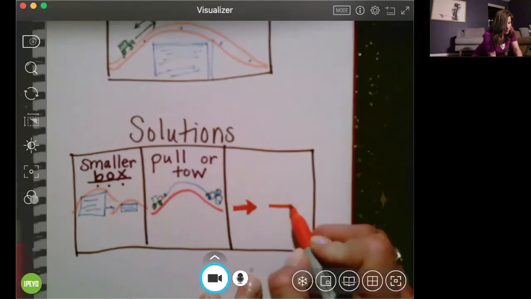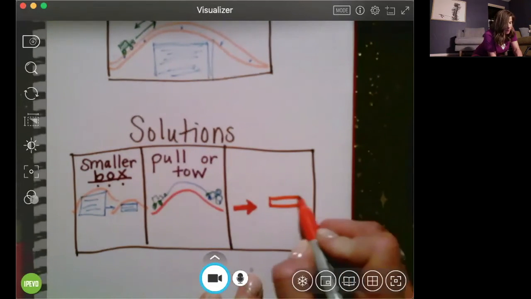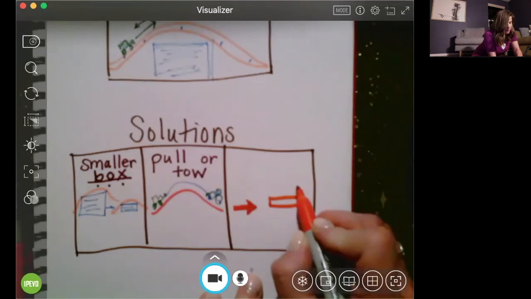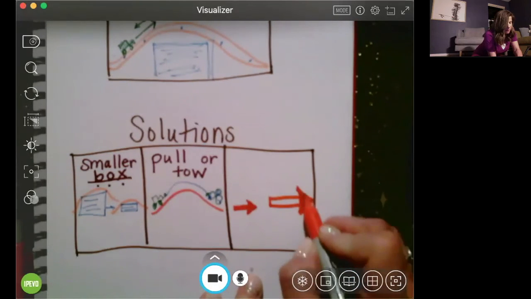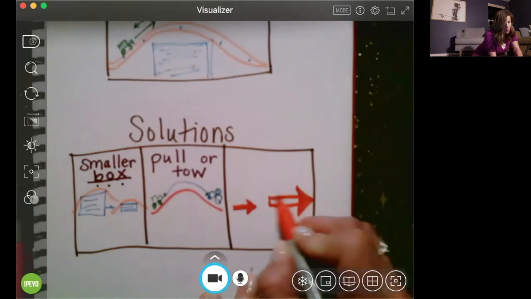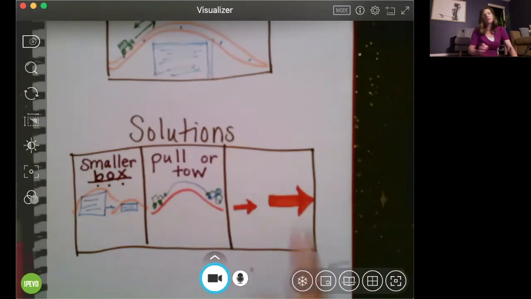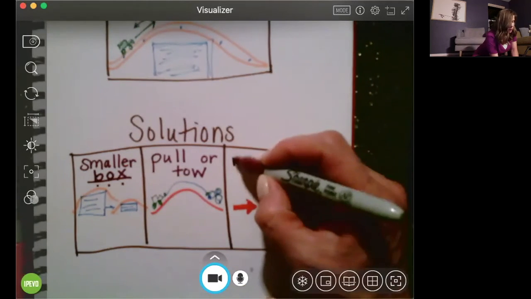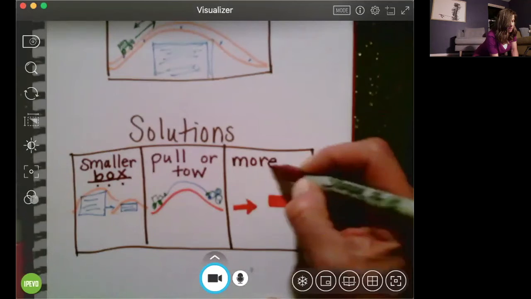I'm going to draw a much bigger arrow now. And this arrow is going to represent me using more force. You can tell that the direction is still the same. I'm just going to have a change in the amount of force. So I'll write that one up here. More force.